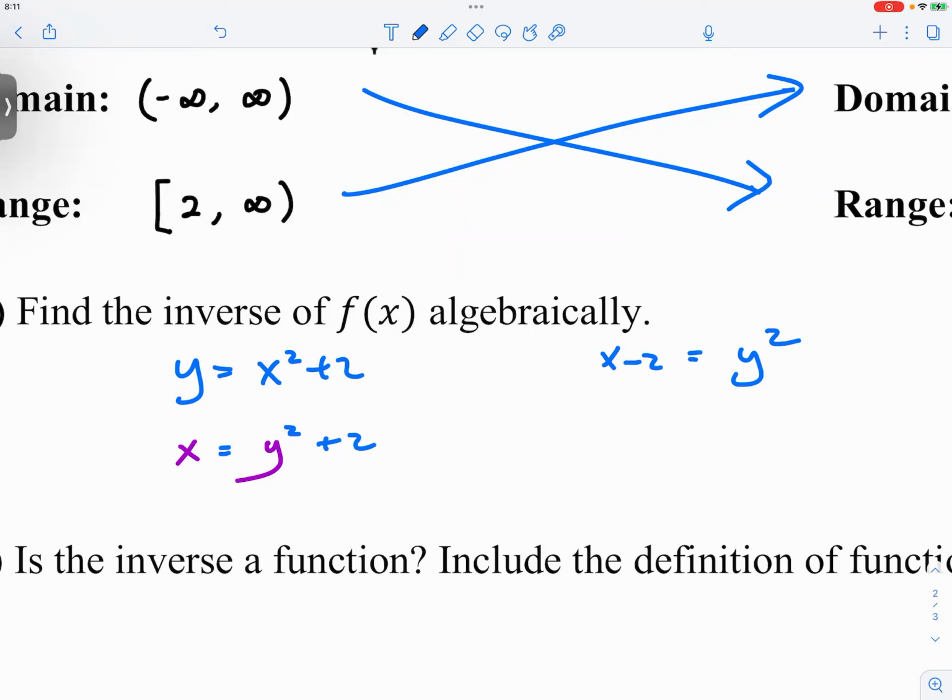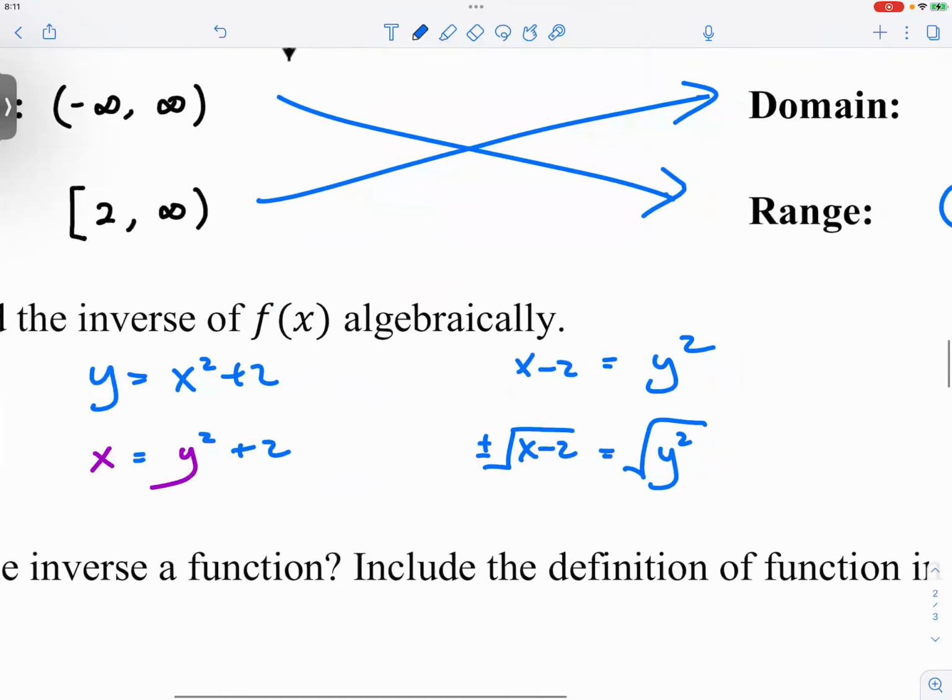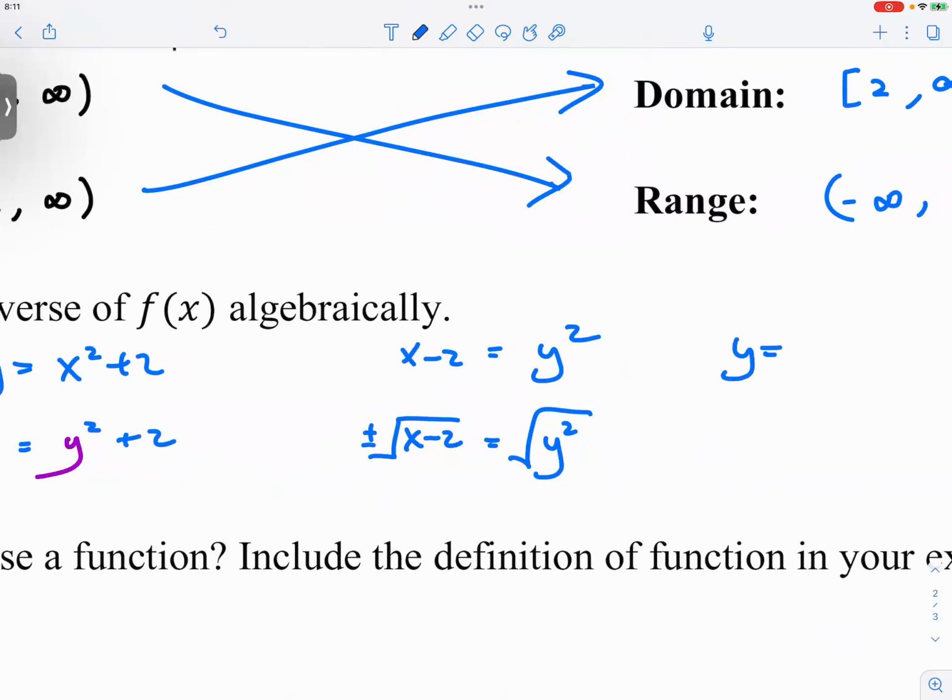What do we do to get rid of the square? Square root it, right? So you will square root it. And let me go ahead and show the square root right here. Now, the thing about getting the square root done is that just like what we did earlier with completing the square, it would have to be a plus or minus square root because we have no idea what the original value was. It could be a positive number or a negative number, so we have to account for both.